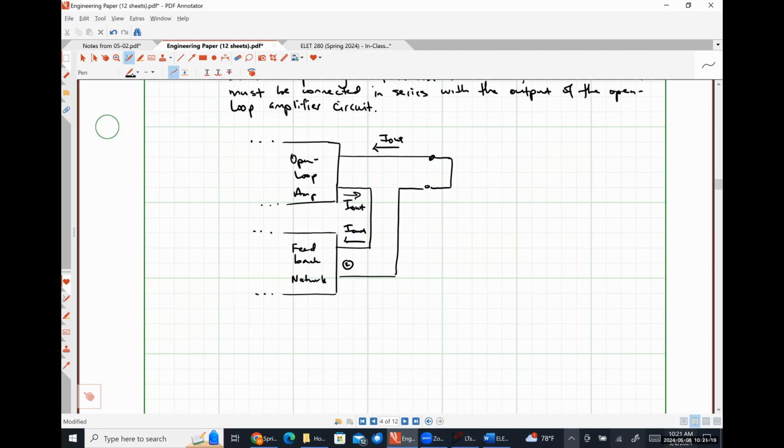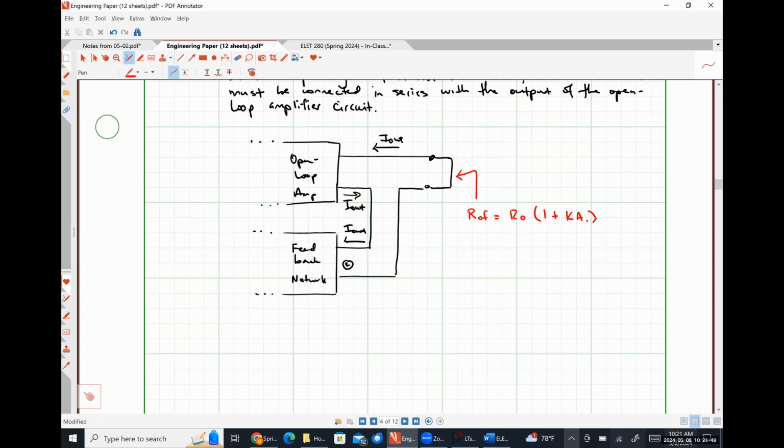If we were to look at the output resistance with feedback here, because we're connecting our feedback network in series, we should see that our output resistance gets boosted, and it will be boosted by a factor of 1 plus KA.